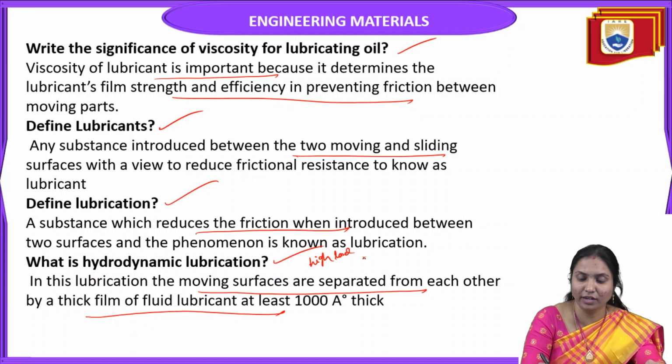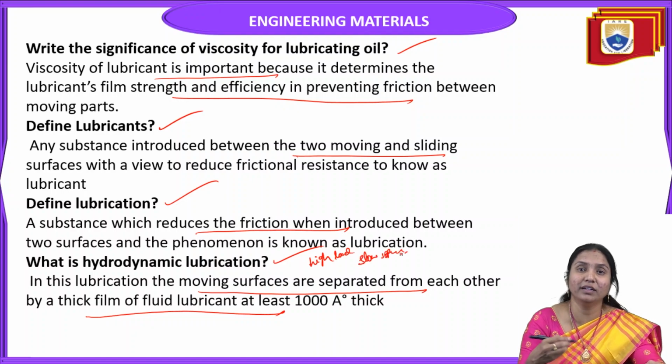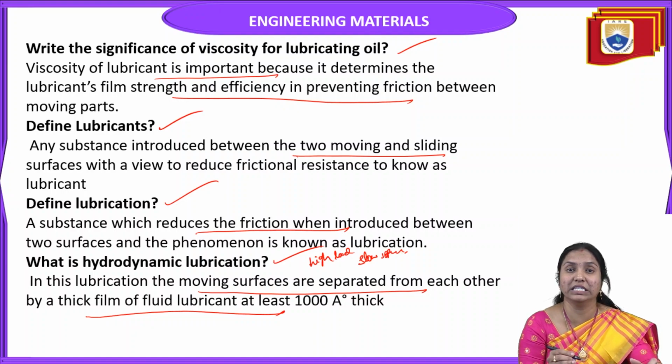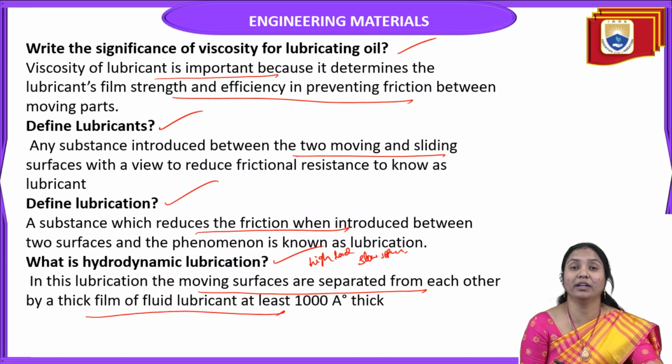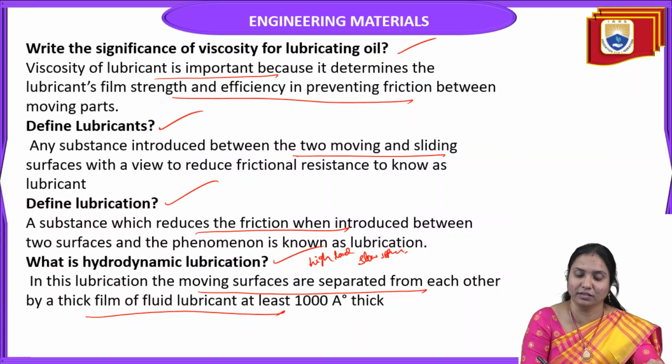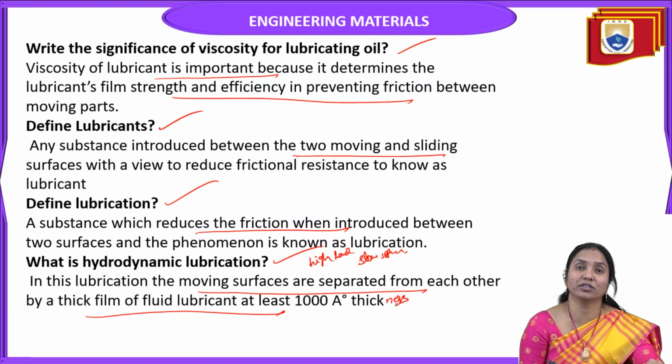High load and slow speed. If the speed is increased, the lubricant will be squeezed out. So that's why we maintain high load and slow speed. In this case only we apply this type of lubricant, and the lubricant thickness is at least 1000 angstroms. So this type of lubrication is called hydrodynamic lubrication.